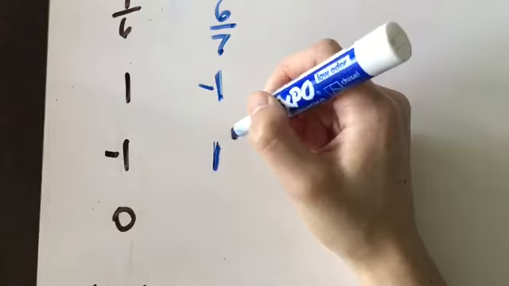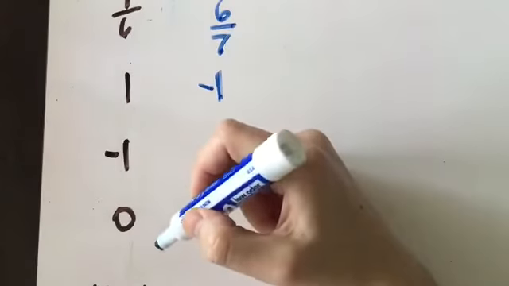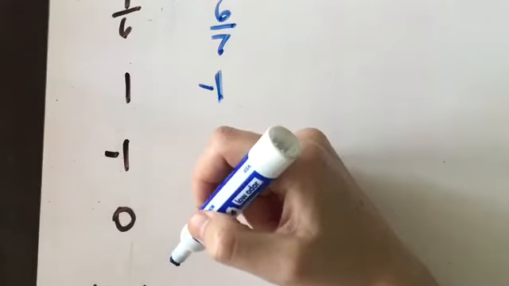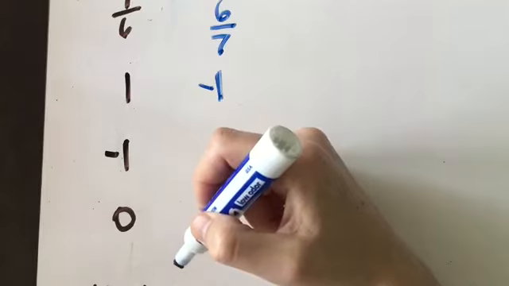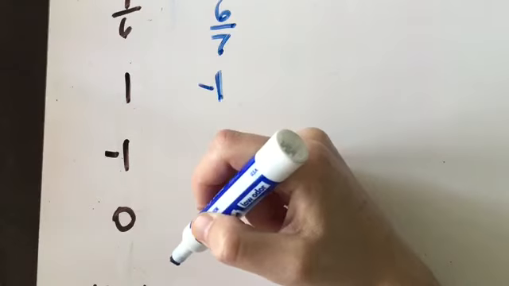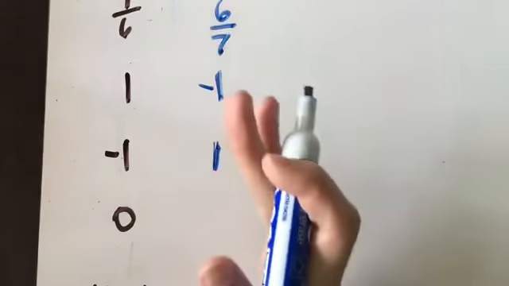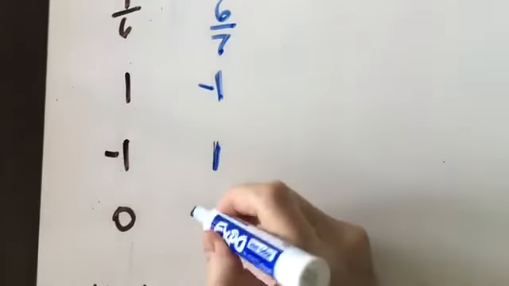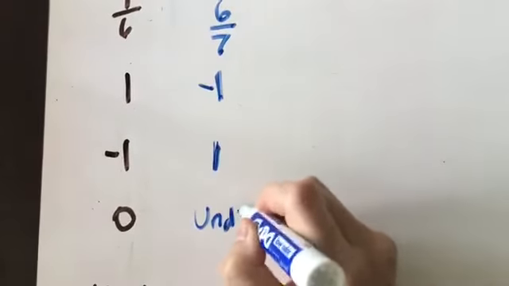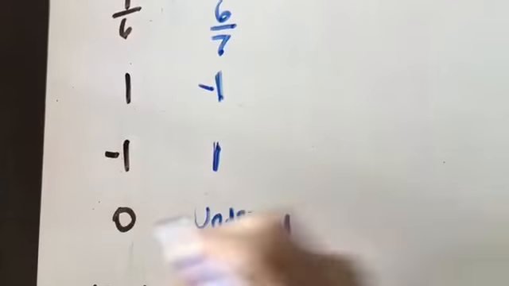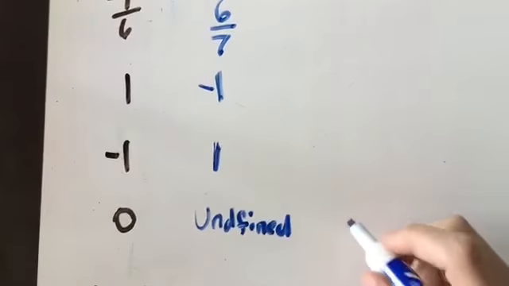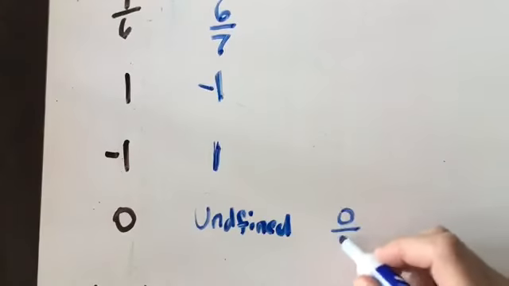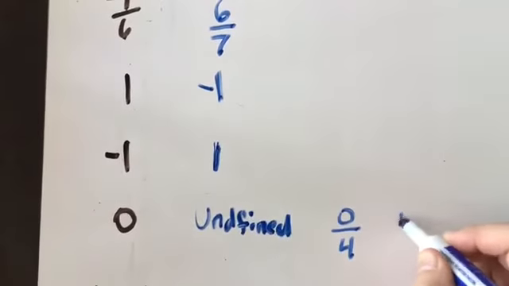The negative reciprocal of 0, now this one we kind of want to visualize, right? A line with a slope of 0 is a horizontal line. So a line that would make a 90-degree angle with that would have to be vertical, which has an undefined slope. Right? So if we make an example of a slope of 0, that could be like, for example, 0/4. Flip that.